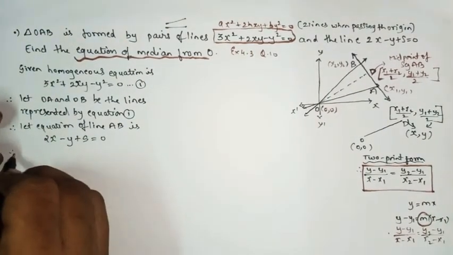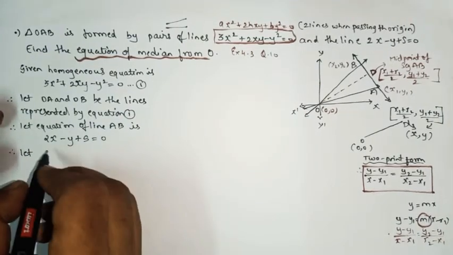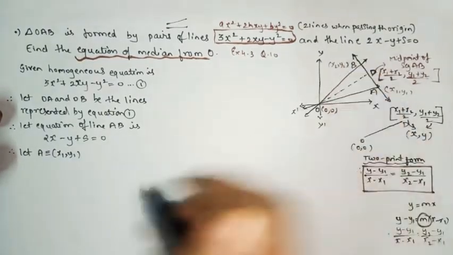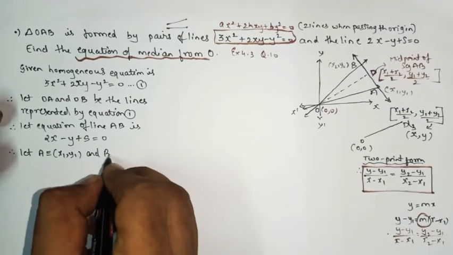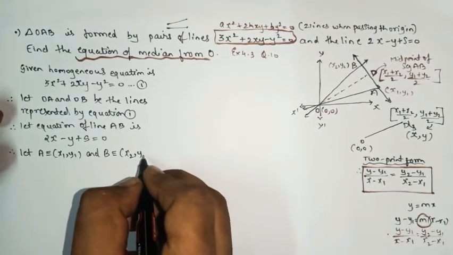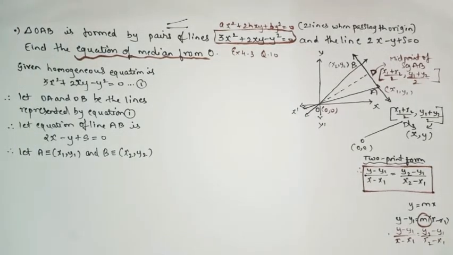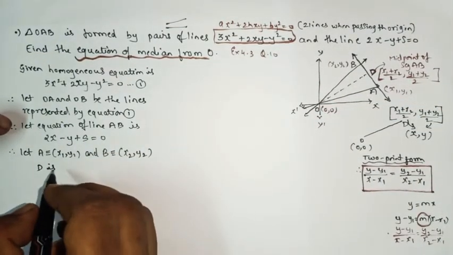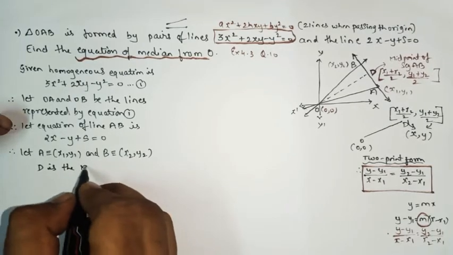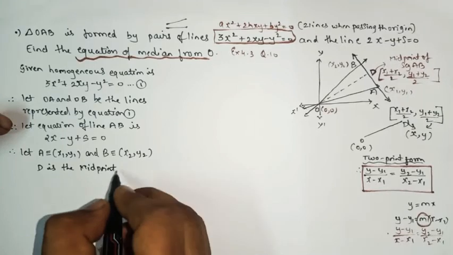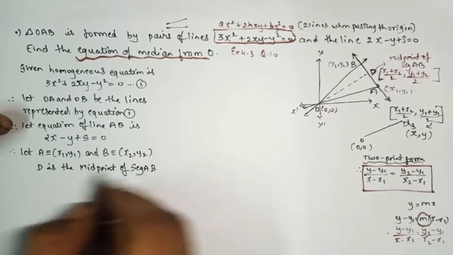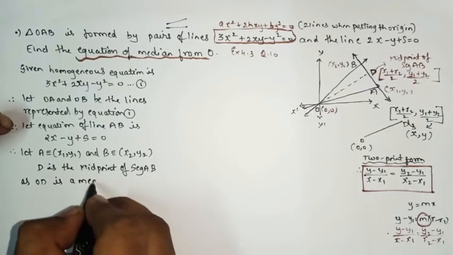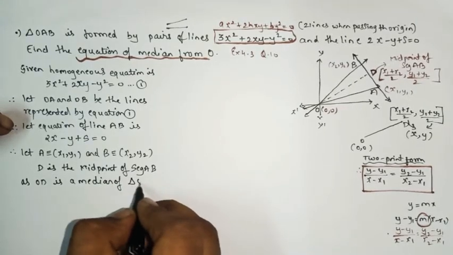Okay, so we'll again consider A as x1, y1 and B as x2, y2, and D is the midpoint of segment AB, as we know that OD is a median of triangle OAB.